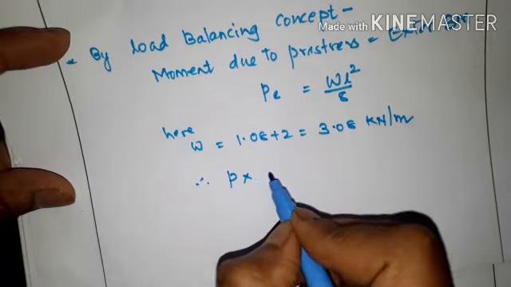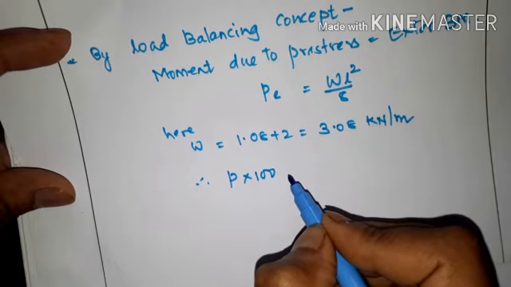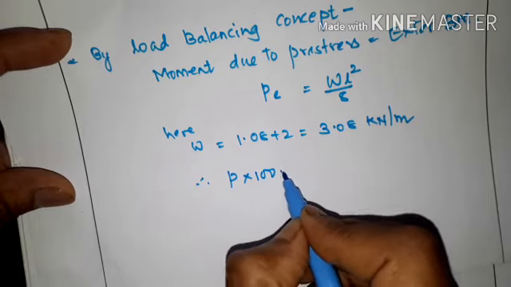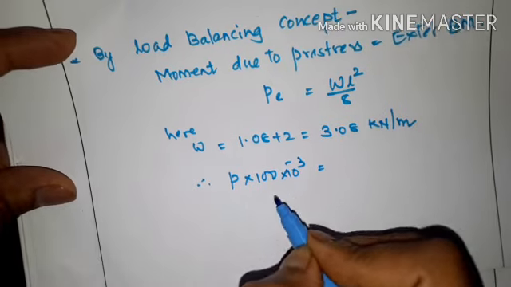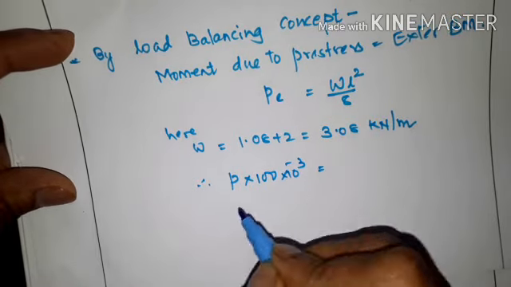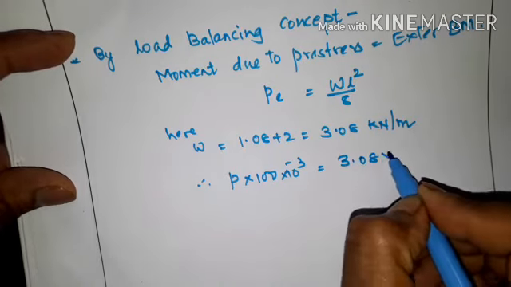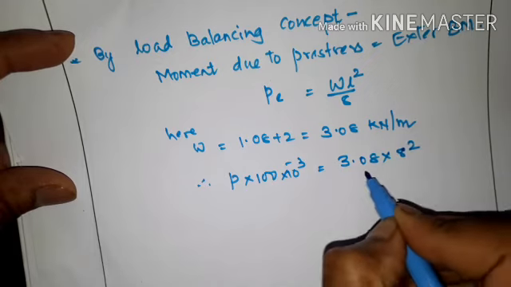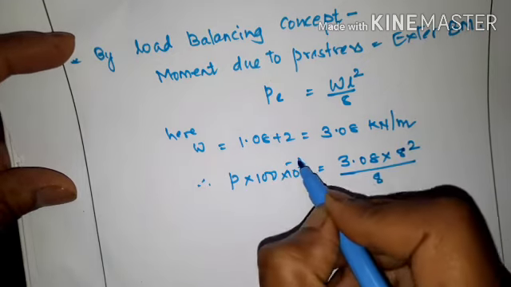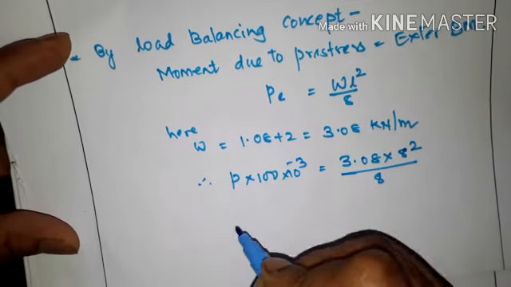Therefore P into e, where e is 100 into 10 to the minus 3 to convert the eccentricity into meter, is equal to 3.08 into L square, where L is 8, divided by 8.